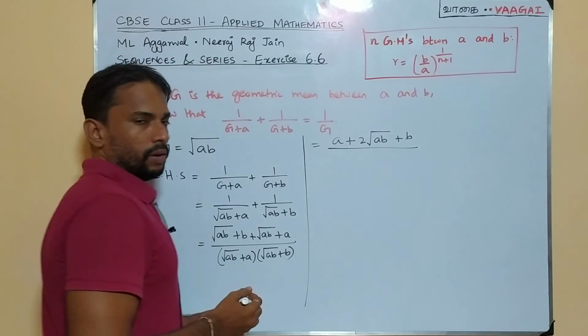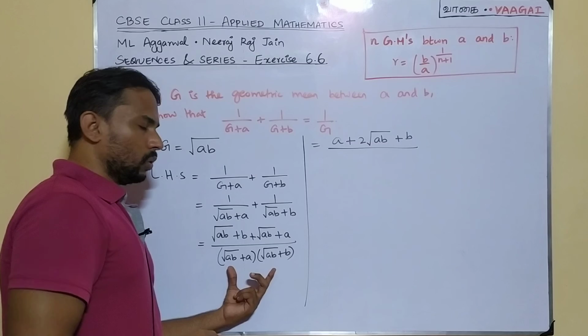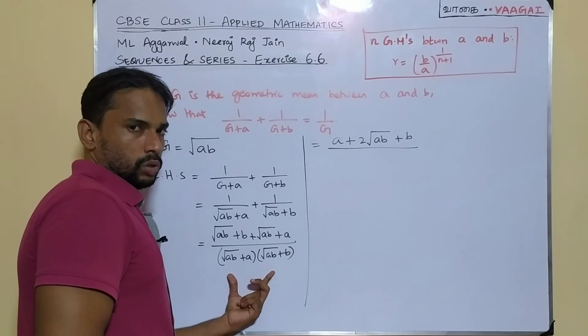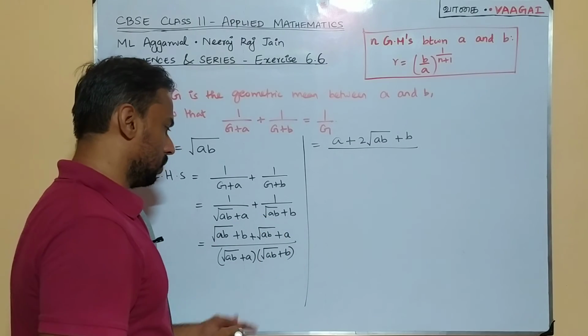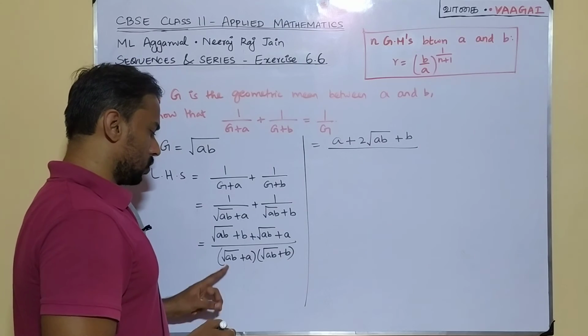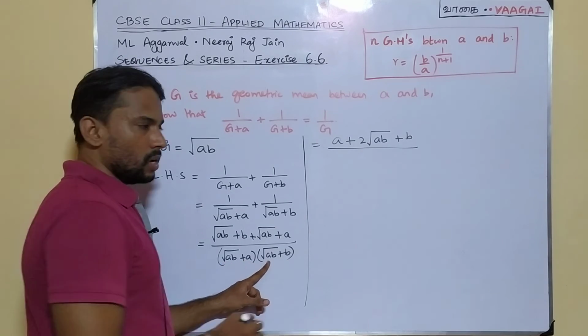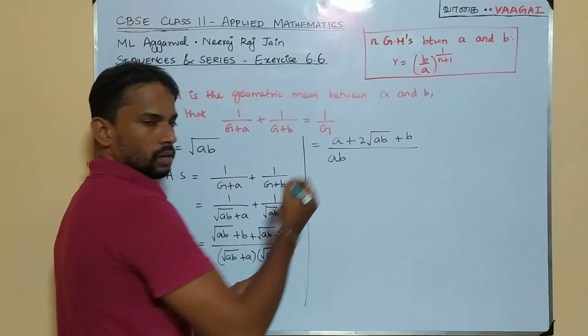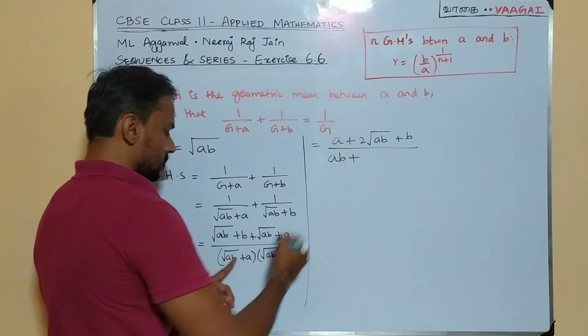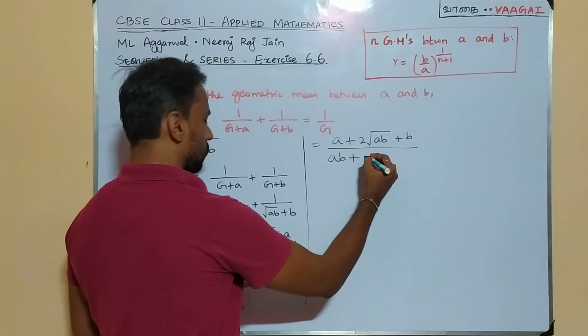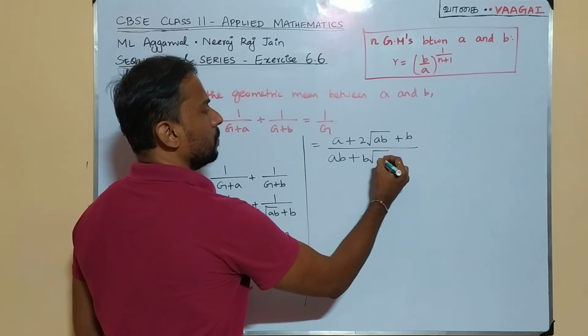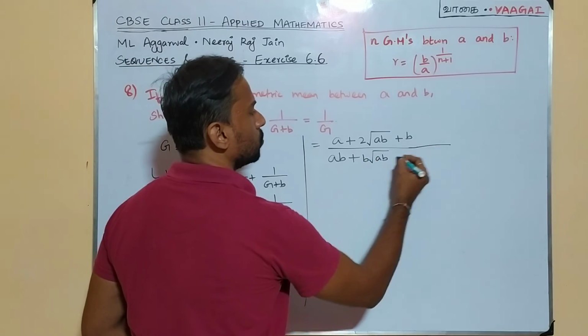Whole divided by. Now come to the denominator. We have to do the product. Here we have to multiply these two terms. Let's carefully multiply the terms. So you will have root AB into root AB, which will be AB, then plus root AB into B, that will give you B root AB. I'll just extend this bar.